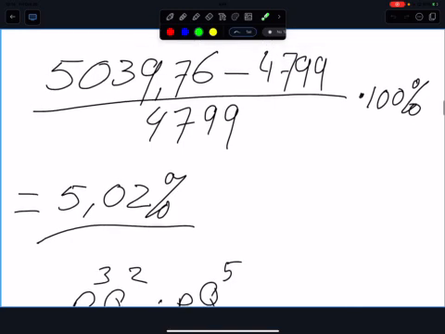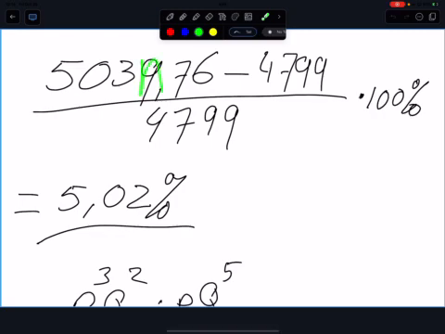It's a simple formula, or you can have done it manually. The formula is the new price subtract the old price, divided by the old price, multiplied by 100%. And at the end it says round off to 2 decimals.